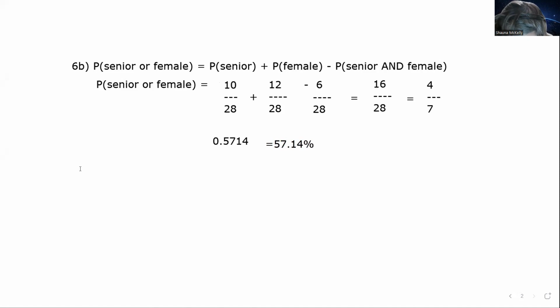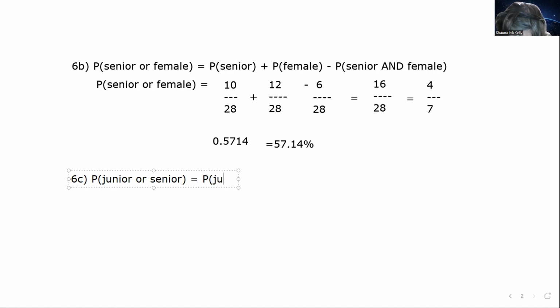The third part of this question is the probability of being a junior or a senior. Now, in this case, if you're not sure and you try to use this formula, you'll get this.